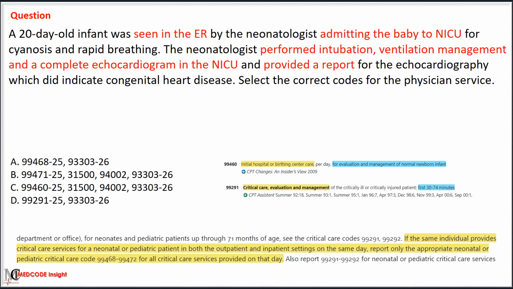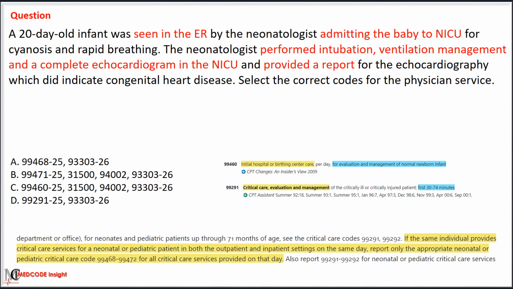In the given scenario, the infant, after being seen in the emergency department, is admitted to the neonatal intensive care unit, which means critical care services are provided in both the outpatient and inpatient setting. Since these occur on the same day with the same physician, we must follow the CPT subsection guidelines under the inpatient, neonatal, and pediatric critical care.